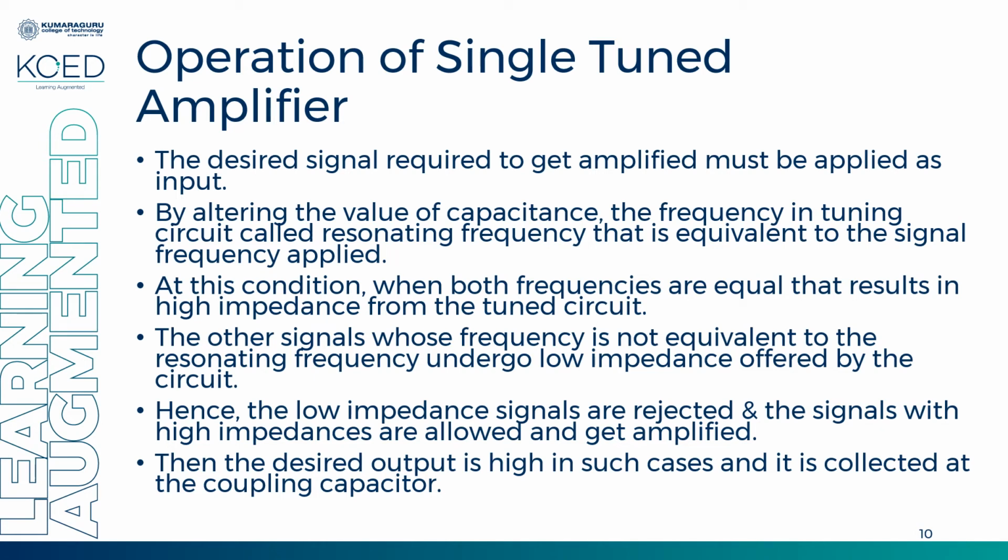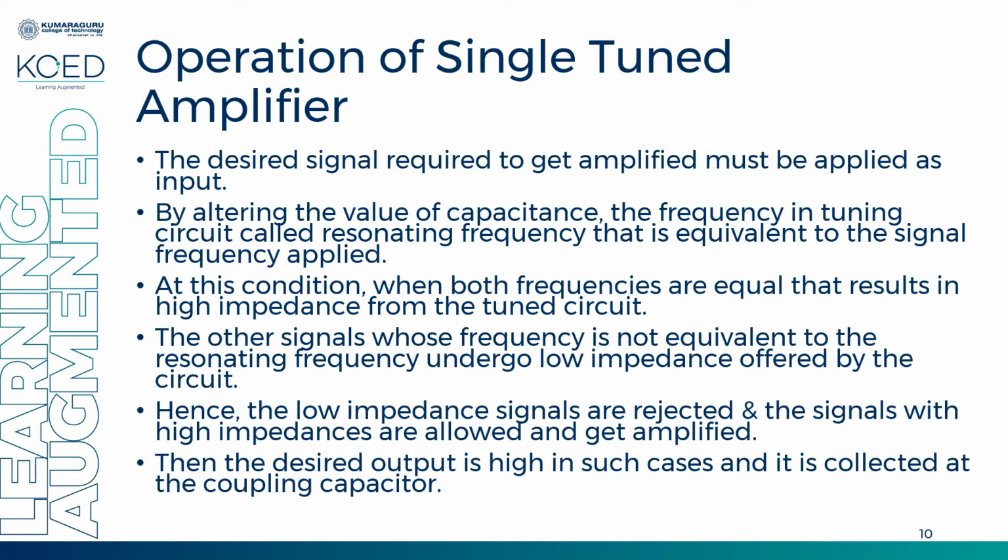So we are going to have a signal value which has to be amplified, and that is being given to the input of your single tuned amplifier circuit, right? By varying the value of the capacitor, we can actually vary the value of the frequency, right? So when you vary that, when your XL is equal to XC, we are going to have the resonant frequency obtained, right?